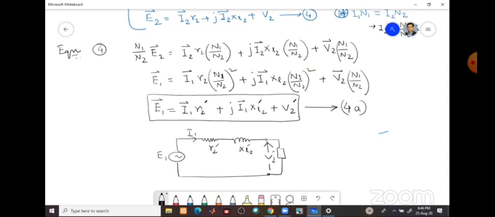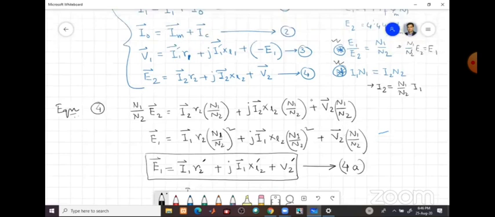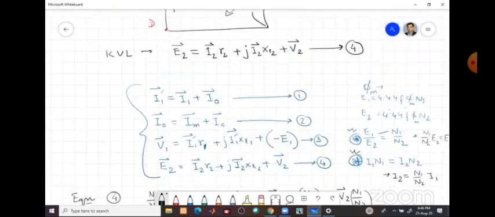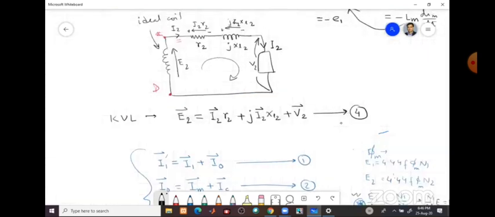This circuit looks similar to the earlier circuit. That circuit we were getting for equation number 4, and now we are getting the circuit for equation number 4a.